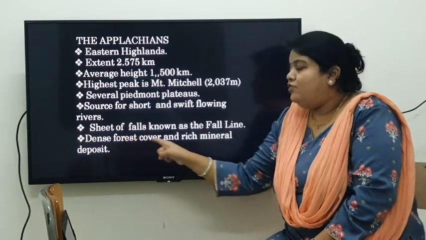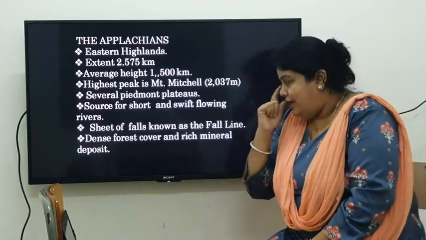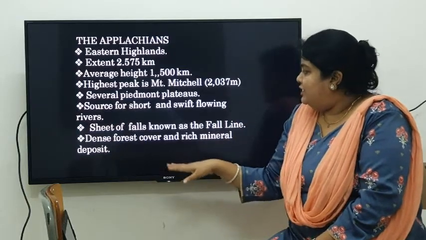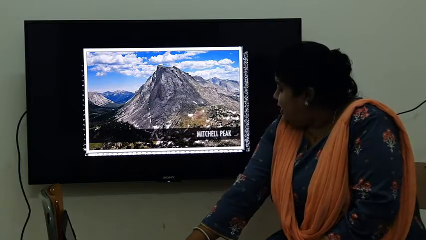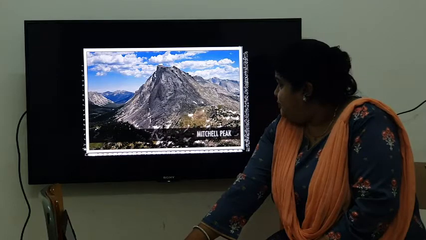And since there is a sheet of waterfalls, it is also known as the fall line. This region also has a dense forest cover and it is rich in mineral deposits. So this is the highest mountain peak in the Appalachian Mountain Range, that is Mount Mitchell.